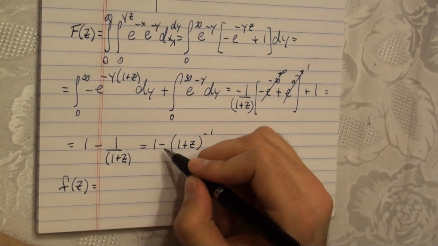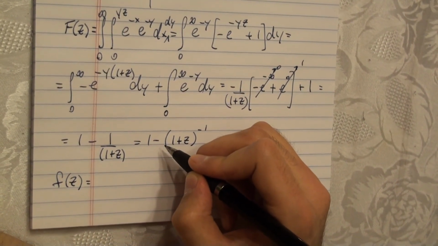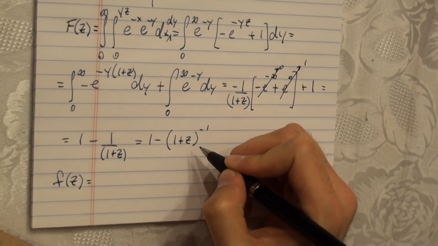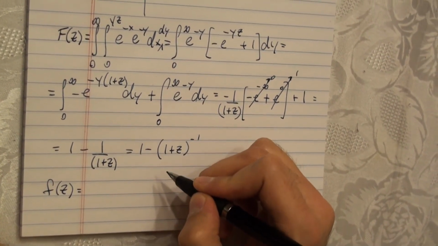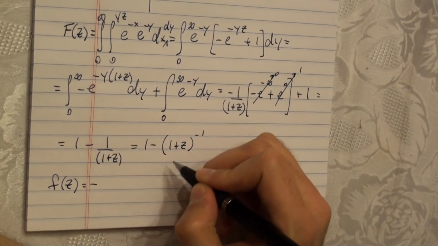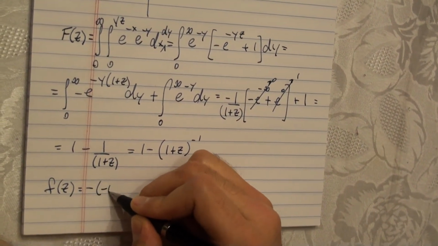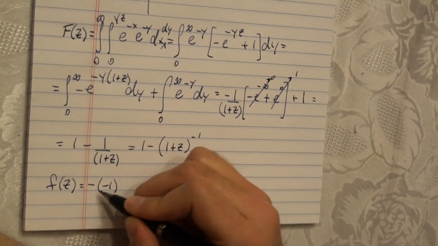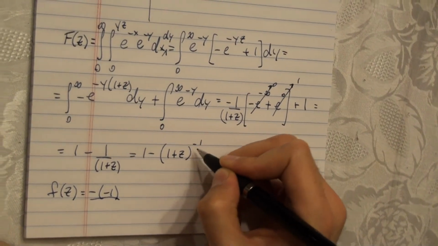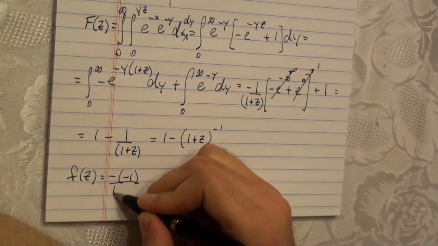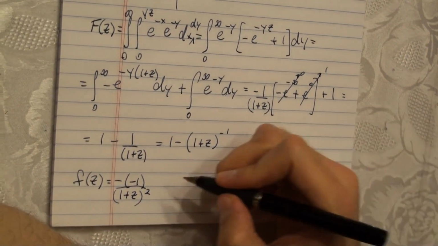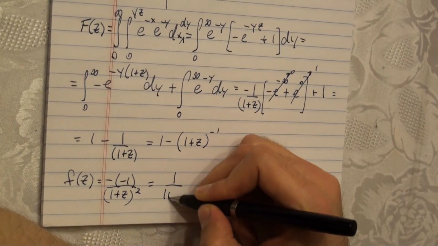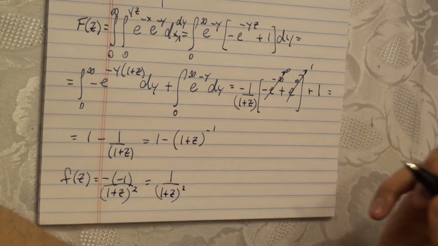We have the minus here, so the minus 1 comes down. So we have a minus already. Then the minus 1 comes down, and we're left with 1 plus z to the minus 2, which is in the denominator. So this is just going to become 1 over 1 plus z squared.